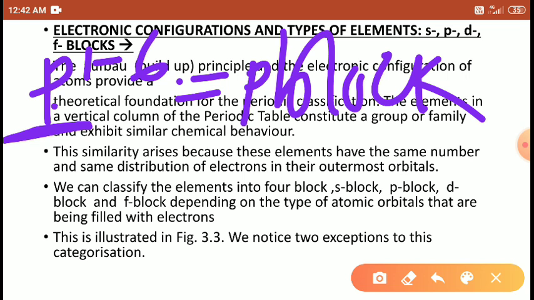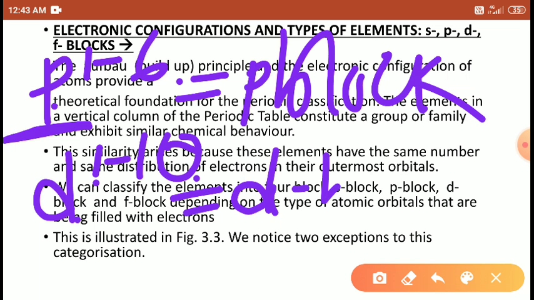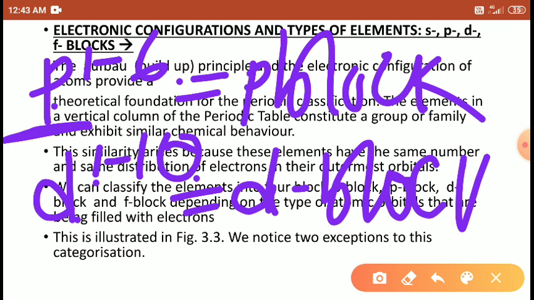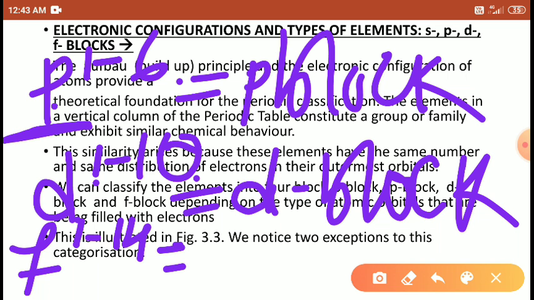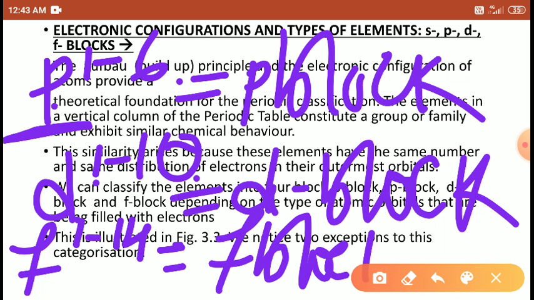Understood, friends? And for d, if the outermost electron is present in the d orbital, with 1 to 10 electrons in it, then it is called a d block element. Next, the f orbital: if 1 to 14 electrons are shifted here, it is called an f block element.